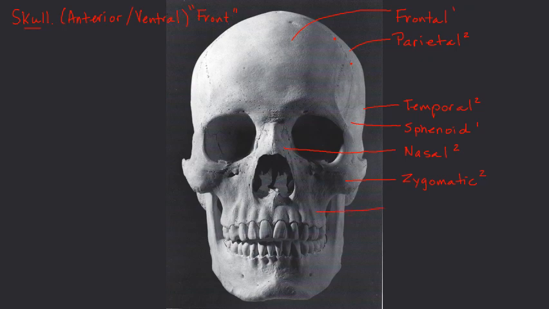And then we have our maxilla, and we have our mandible, one each. Okay. So these are the bones that we can see from an anterior position.